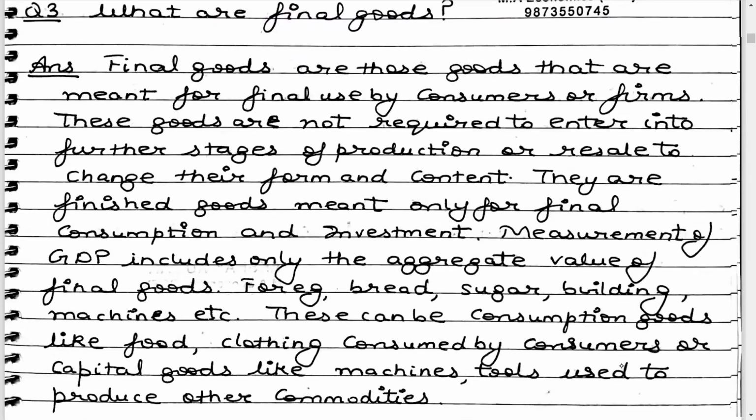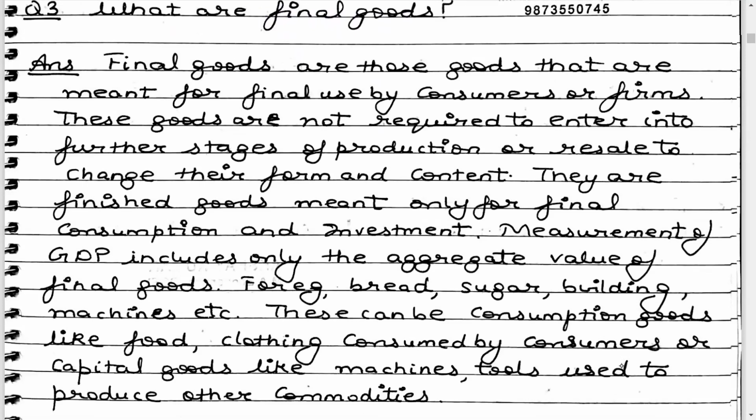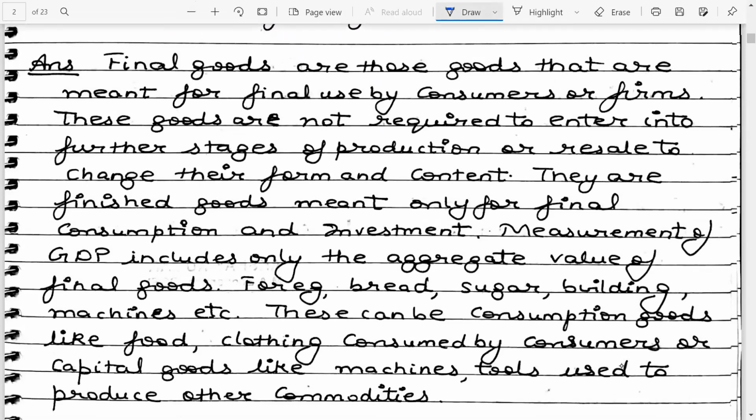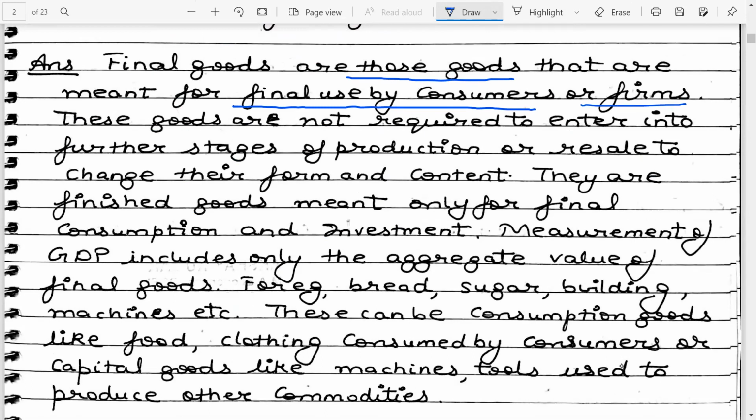Now we can quickly see what are meant by final goods. So final goods are those goods that are meant for final use by the consumers or the firms. Now final goods are not only bought by the consumers, final goods can also be bought by the firms.